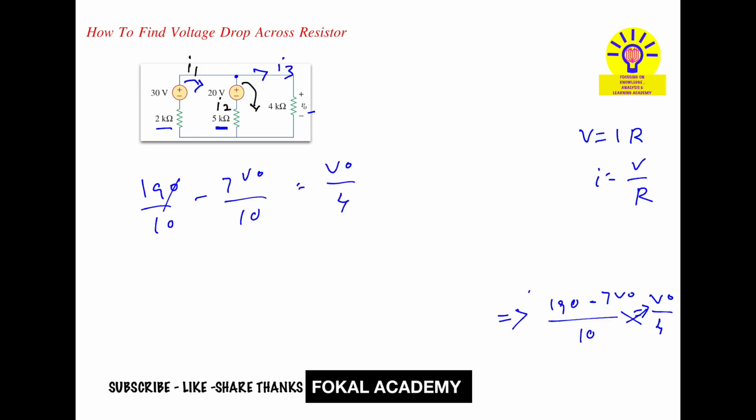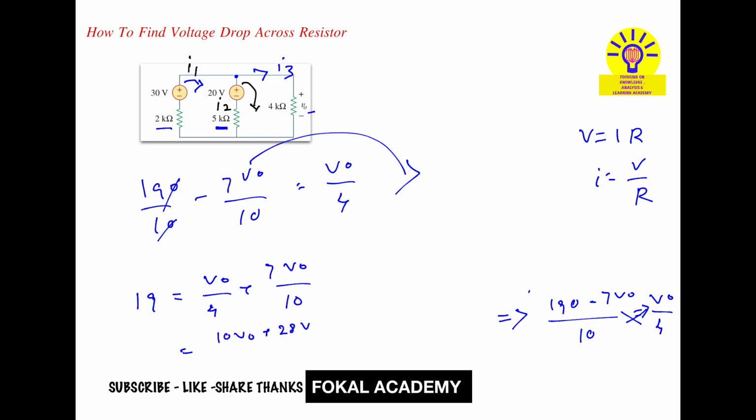So here 0 cancels, nothing but 19 equal to, so bring this term to the right hand side, it becomes V0 by 4 plus 7 V0 by 10. Now cross multiply, you will get 10 V0 plus 28 V0 by 40. So 19 equal to 38 V0 by 40.